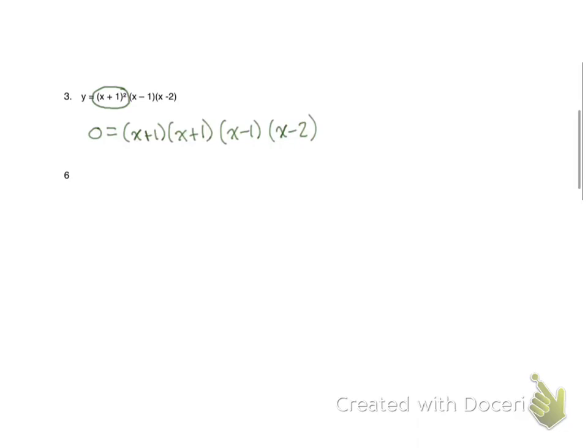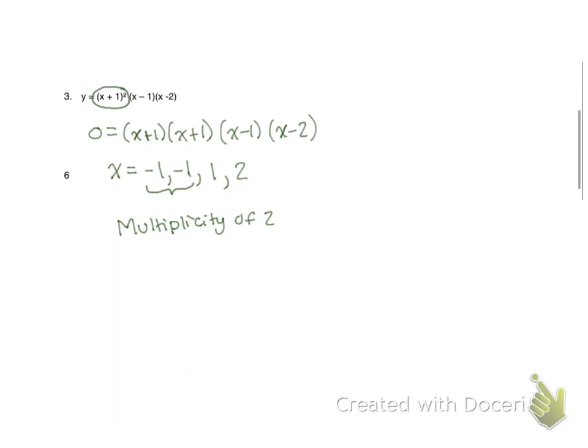You will notice that you have zeros at x equals -1, -1, +1, and +2. This is your multiplicity, and it's of 2 because it happens twice.